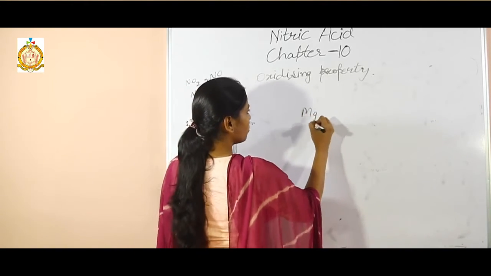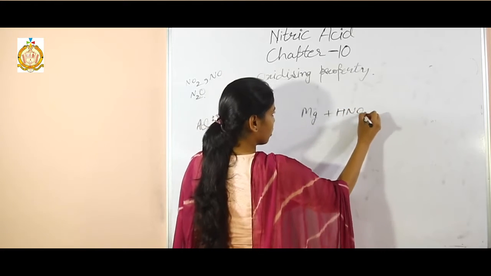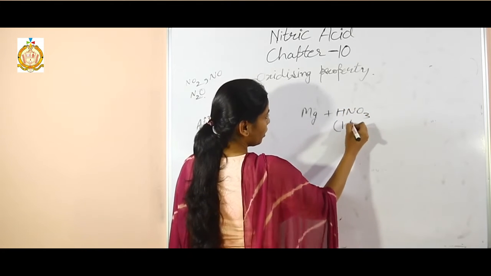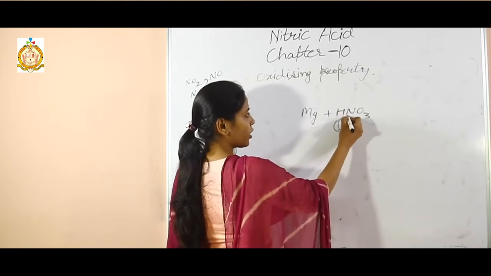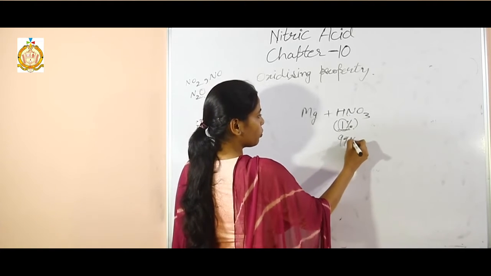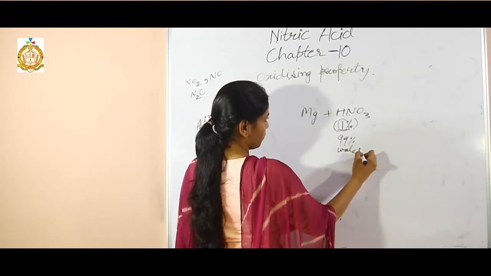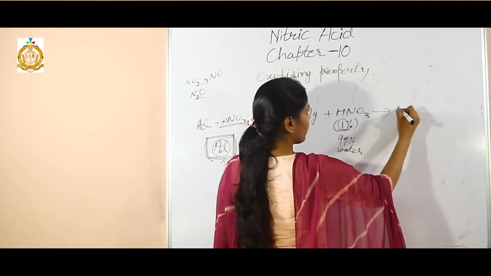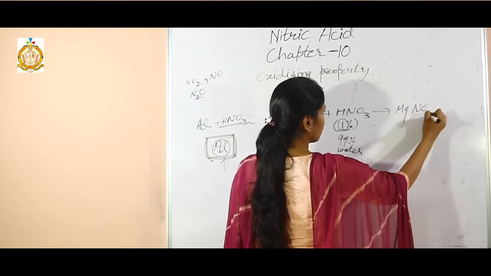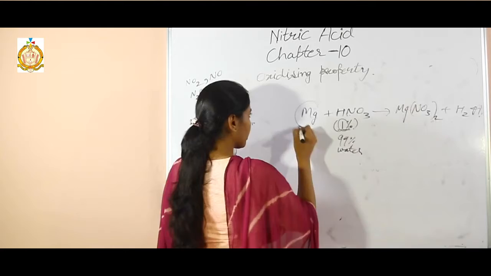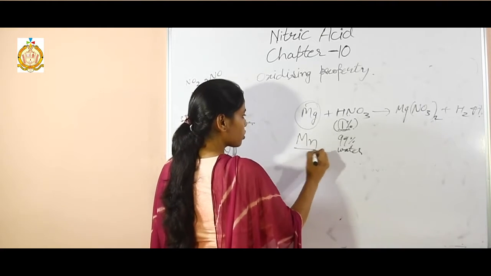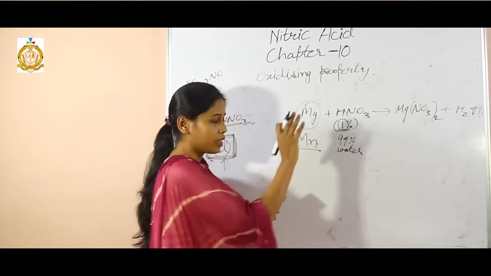Like magnesium plus HNO3. The condition is that it should be 1%. 1% means only 1% is nitric acid, the rest 99% is water. So it will give magnesium nitrate and hydrogen gas. With magnesium and with manganese only it gives hydrogen gas.